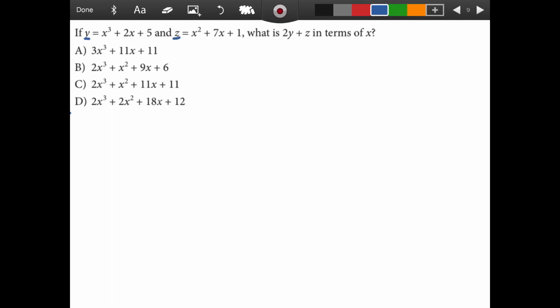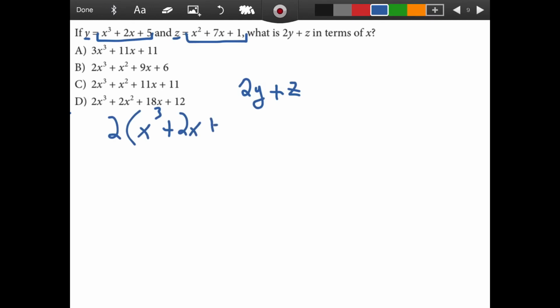Now, what we want is 2y plus z in terms of x, which isn't a big deal because in these equations there's only the variable x. So now all we have to do is substitute, basically plugging these polynomials into this expression, and then we're going to simplify by combining like terms. So 2 parentheses, now I plug in for y, x to the third plus 2x plus 5.